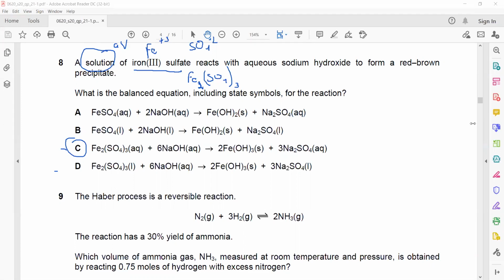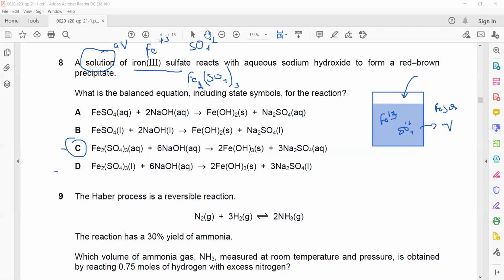Aqueous means dissolved or mixed in water. If something is dissolved in water, we call it aqueous. If we have water and we add iron sulfate to it, we call this aqueous iron 3 sulfate.